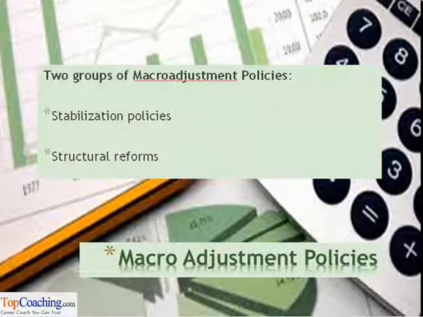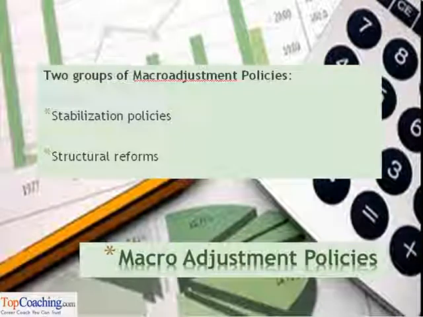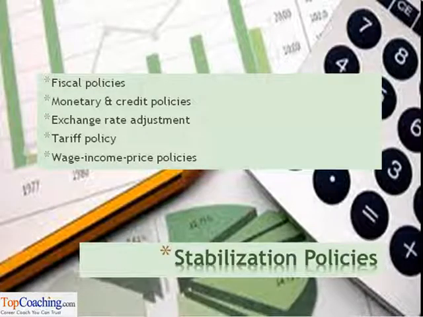The macro adjustment policies can be broadly categorized into two groups. The first group is the stabilization policies, and the second group is the structural reforms. The stabilization policies are fiscal policies, monetary and credit policies, exchange rate adjustment, tariff policy, and wage income price policies.